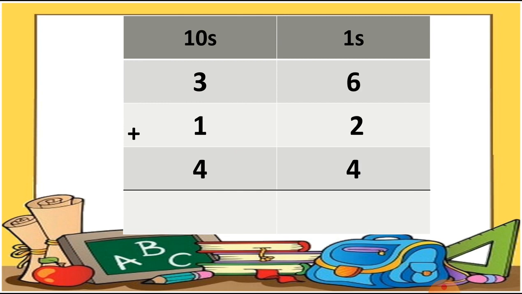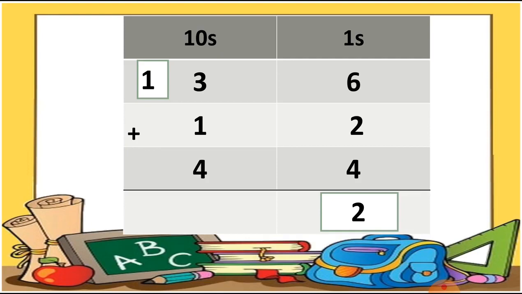Now the next example is, the ones column is 6 plus 2 plus 4. Now the answer is 12. So we can write number 2 under the ones column, and the 1 will move as a carry forward number to the tens column.